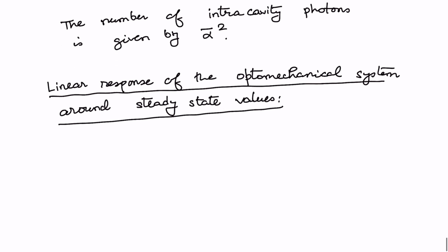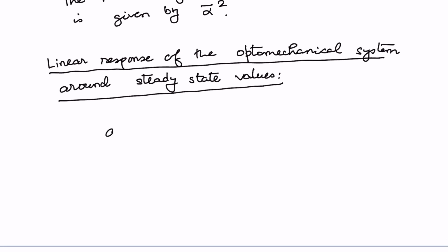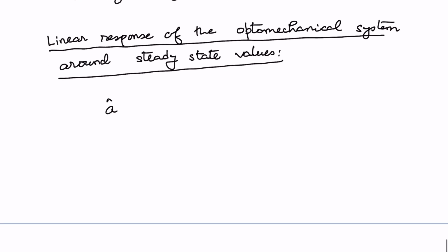What I will do here is assume that every dynamical variable, the dynamical variable A, the dynamical variable Q, and the dynamical variable P, has two parts. One is the classical part, the constant classical equilibrium value, the steady state value, and then there is a small time dependent fluctuation, say delta A here.